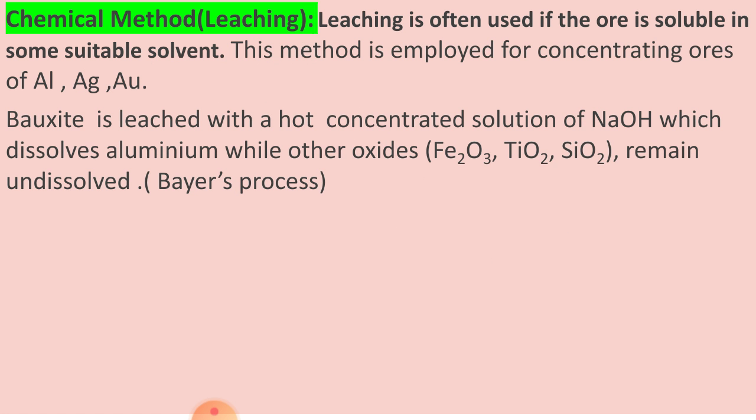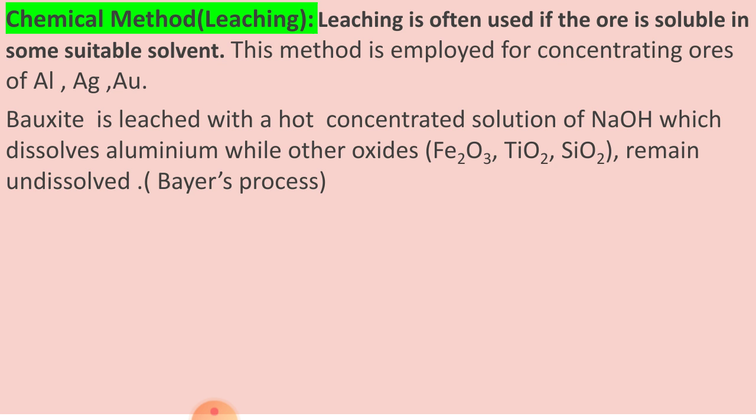Here the leaching of aluminum is done with the chief ore of aluminum, known as bauxite. Bauxite is leached with a concentrated solution of NaOH. It is a base which dissolves aluminum, while the other oxides, that is the gangue particles or impurities Fe2O3, TiO2, SiO2, remain undissolved. This process is basically known as Bayer's process.